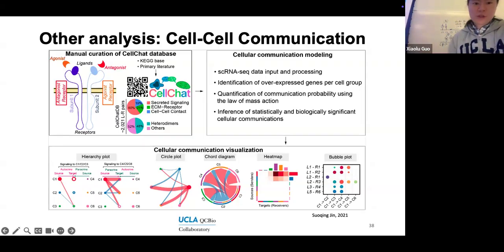So that's the principle. Why is this useful? Because we know that cells don't function by themselves. We are not a single cell organism. We are full of different cells, so they coordinate with each other, and they need to communicate.